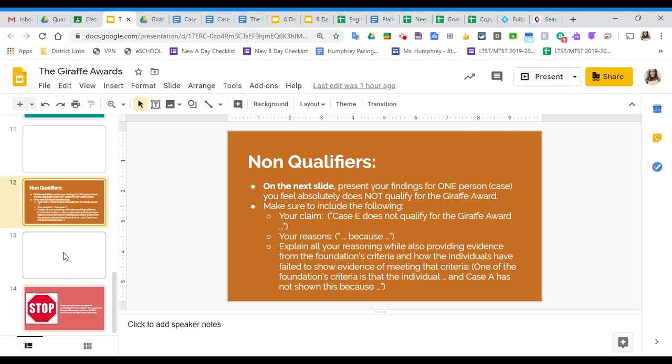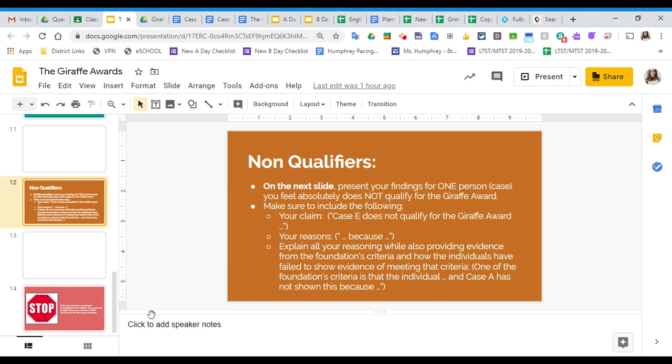So you might be able to say case E does not qualify for the giraffe award because though they're showing bravery by doing their job every day, like let's say maybe the person is a police officer and every day that they get in their police car and patrol the streets, they're showing bravery by doing that, right? Because who knows what could happen. But maybe in this particular situation, we don't see any above and beyond stuff. So while they're doing good things, they don't qualify for the award.